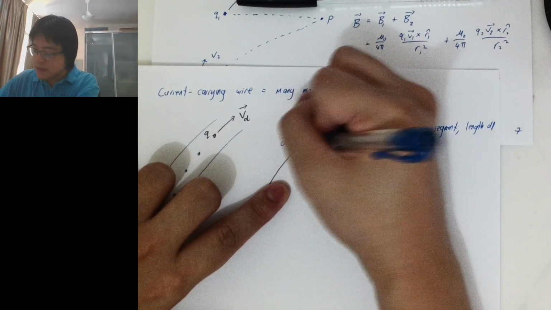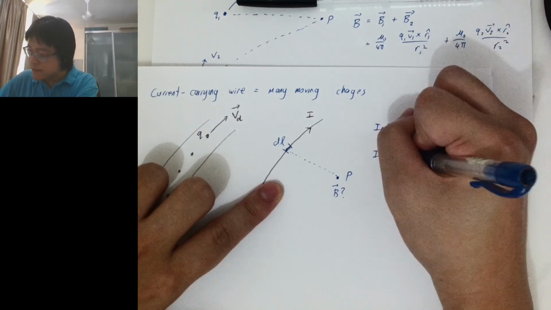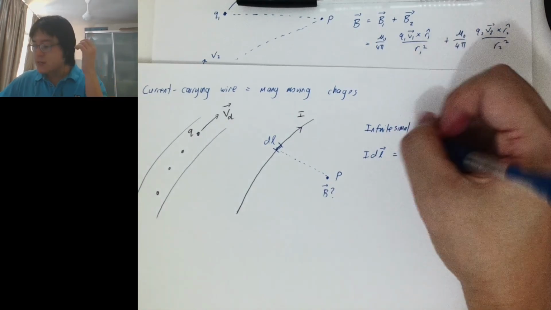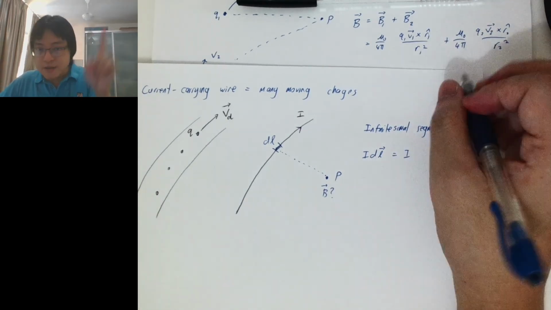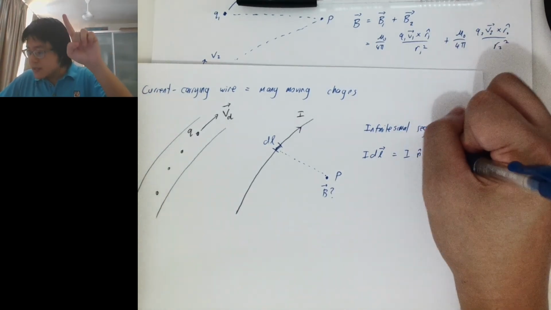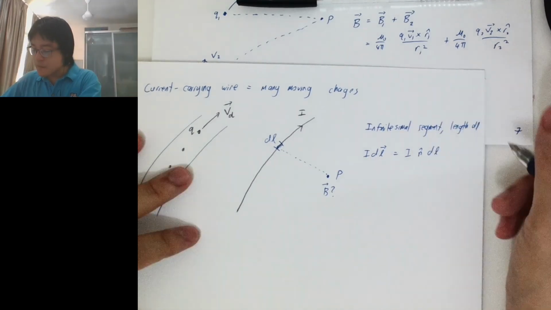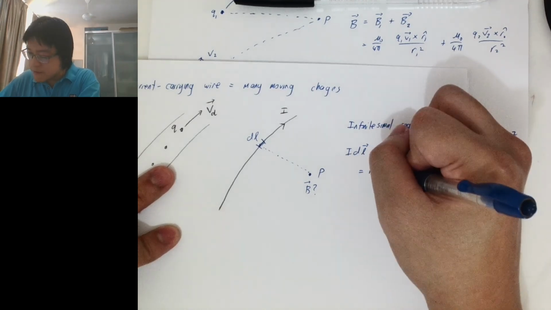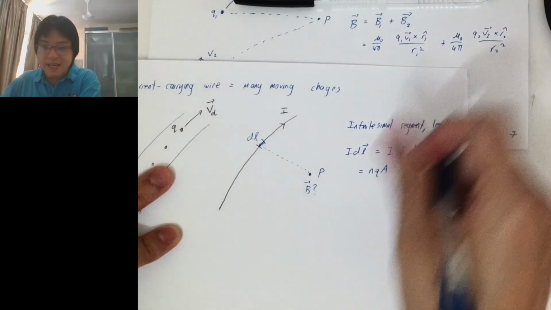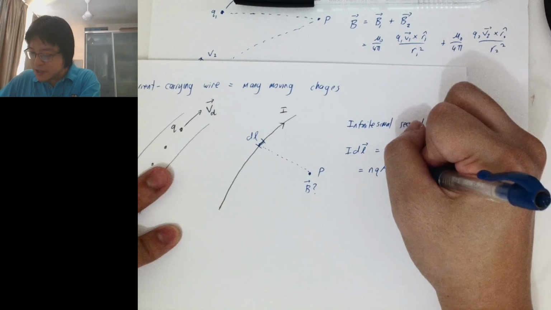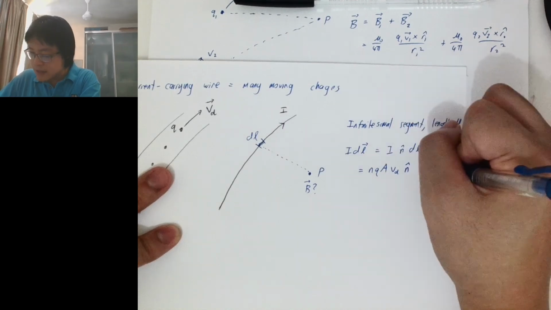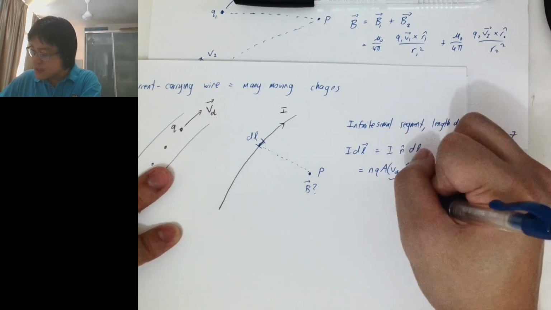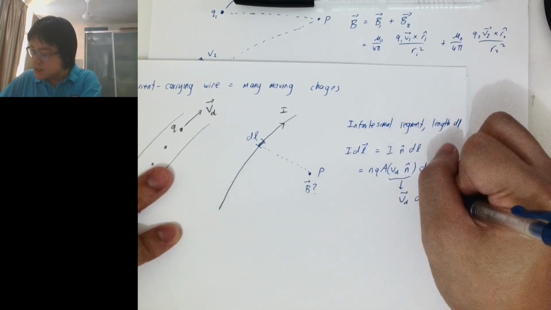In fact, we have the I dl vector, which is the magnitude of the current, the direction, and the actual length itself. And what was I? If you remember chapter 4, which you should, because the exam is on chapter 4, I is n q v_d times the area, in the direction, and then the dl. So this part, we recognize that this is our v_d, the drift velocity.